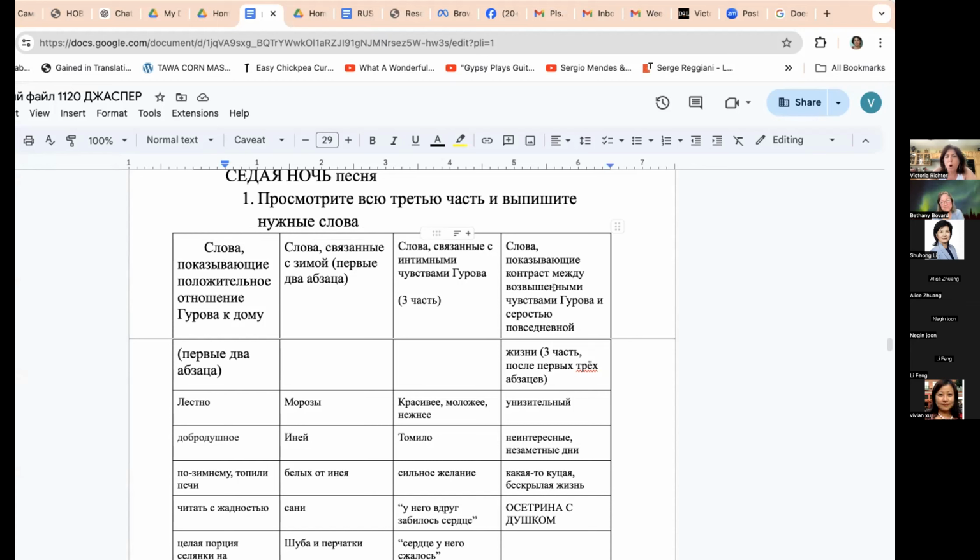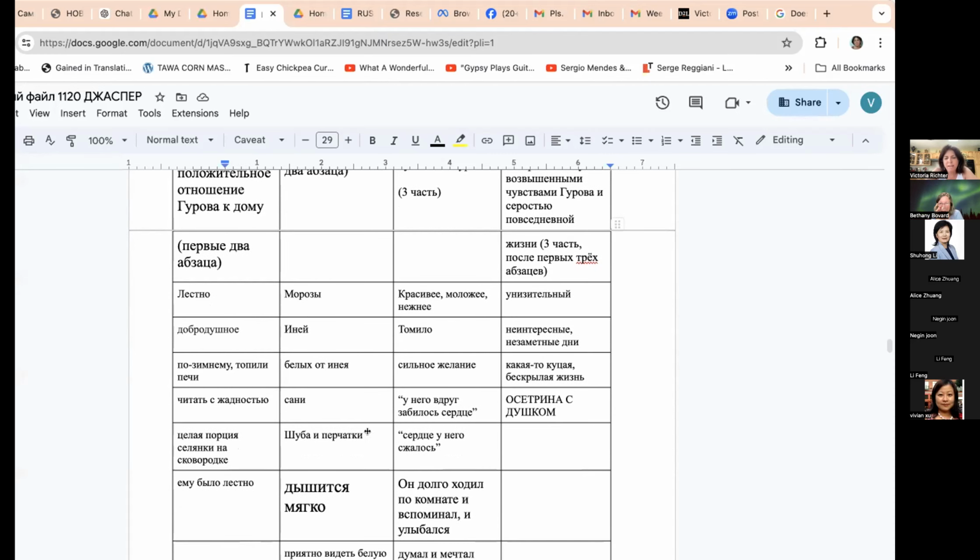Basically, all students are invited at the same time to fill out that table. When it's not mechanical, it's actually pretty creative, and it's a lot of scanning.